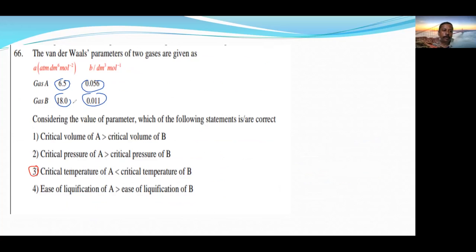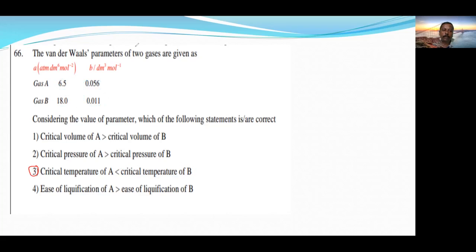Gas A is 6.5, gas B is 18. The higher the critical temperature, the higher the ease of liquefaction, so it can be stored in the gaseous state at a higher temperature. Therefore, C is the correct answer. Note it down with the reason.